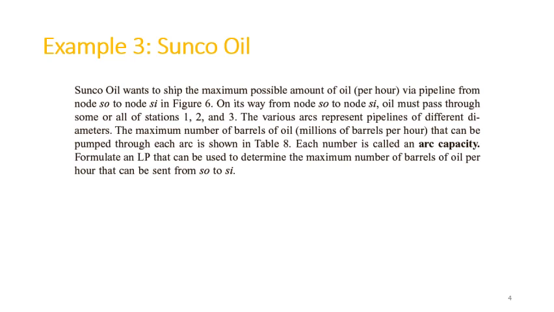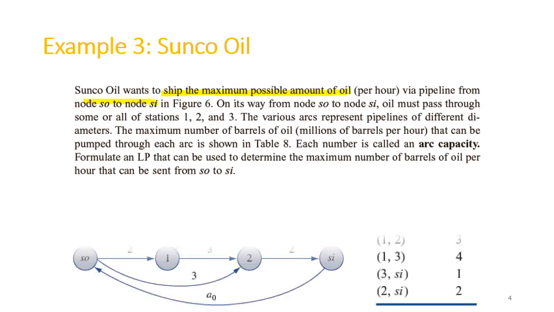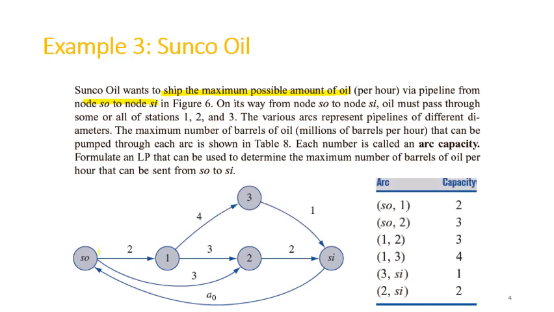Now let's see an example of Sunco Oil. It says that we want to ship the maximum possible amount of oil from node source to sink in figure 6. So we are given the source, and we need to transport the oil all the way to the sink.